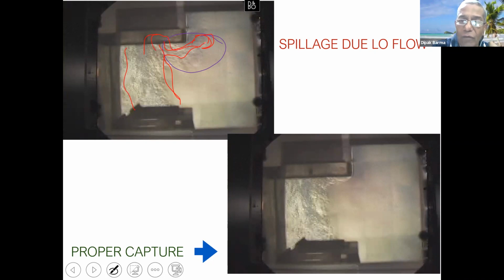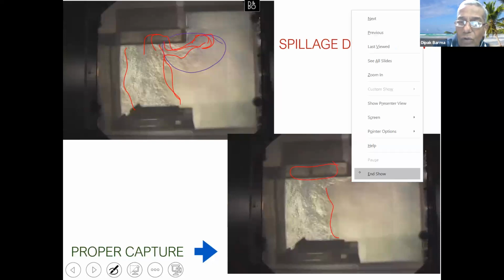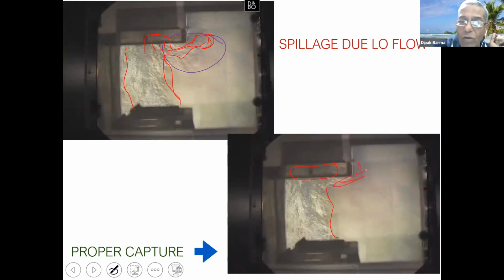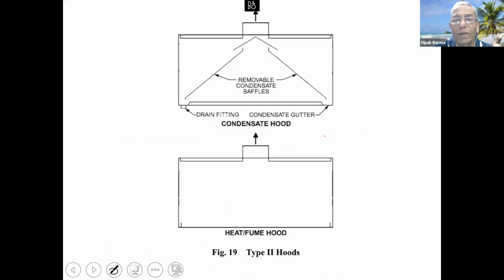Whereas if the airflow is proper, then the smoke rises like this, it fills up the hood, but it doesn't go out of the hood. It stays within the hood and gets taken away by the hood exhaust arrangement itself. So low airflow versus proper capture airflow is the important aspect which has to be taken into account.